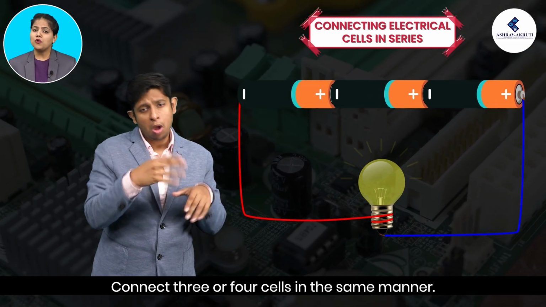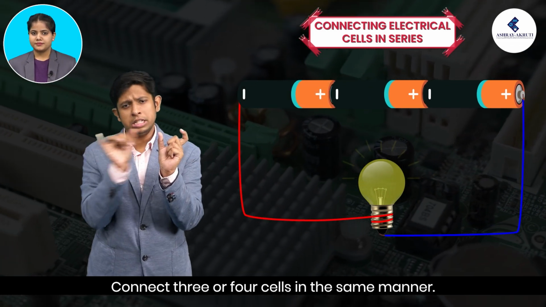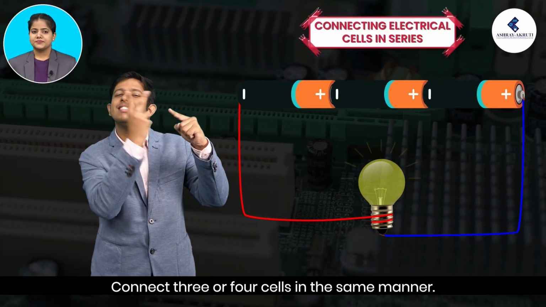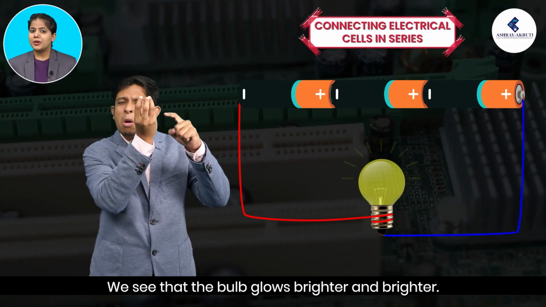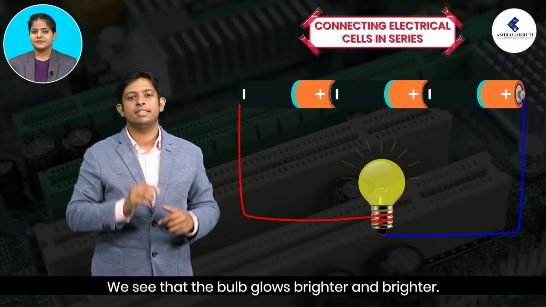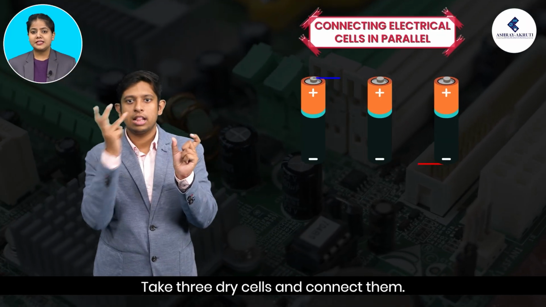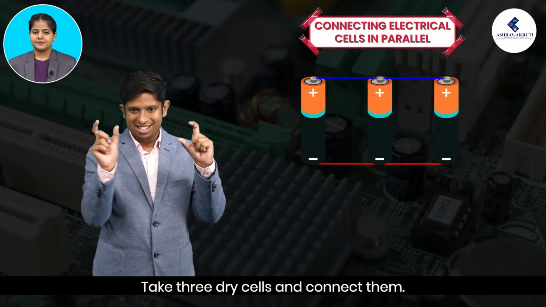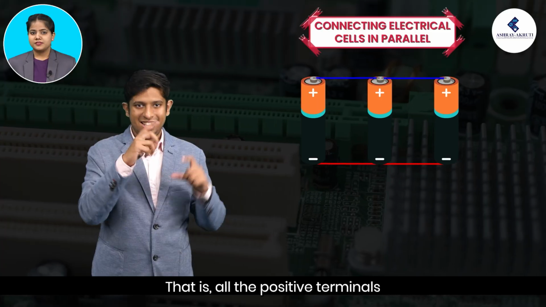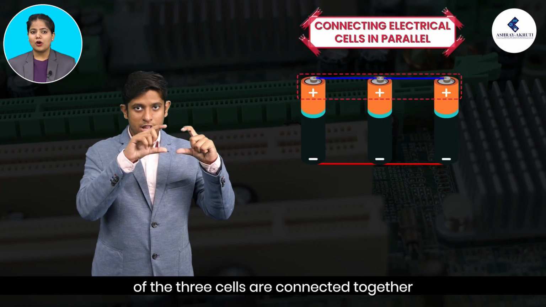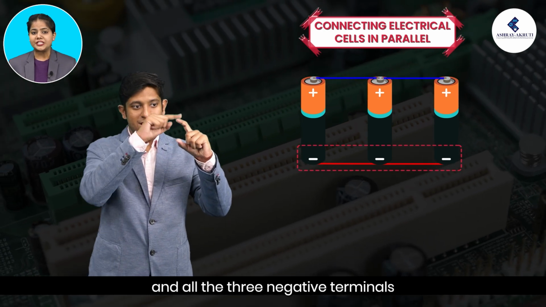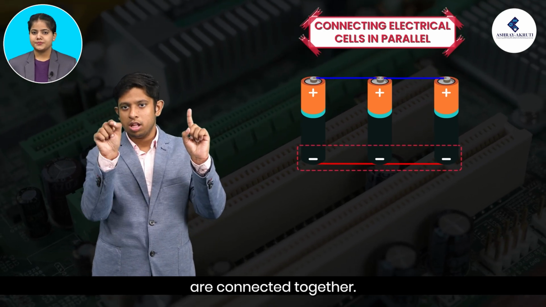Connect 3 or 4 cells in the same manner. We see that the bulb glows brighter and brighter. Take 3 dry cells and connect them. That is, all the positive terminals of the 3 cells are connected together and all the 3 negative terminals are connected together.